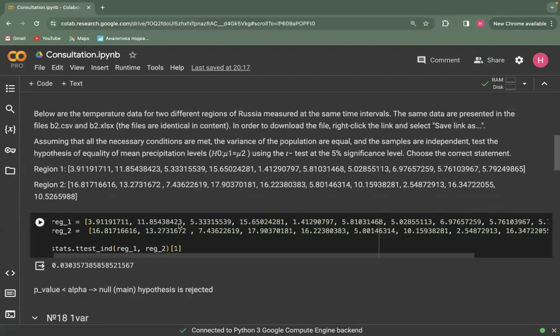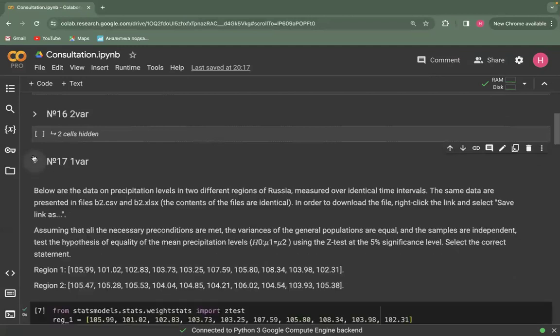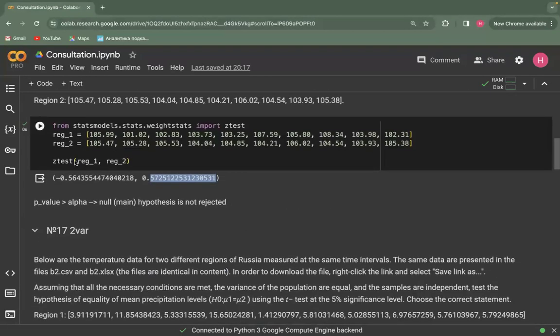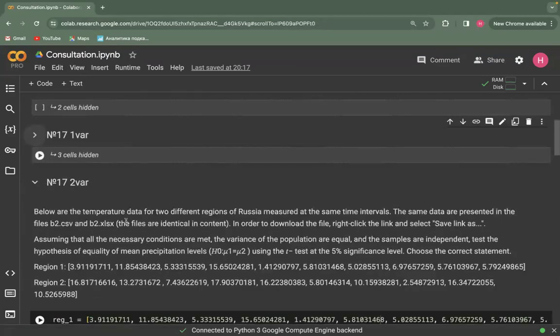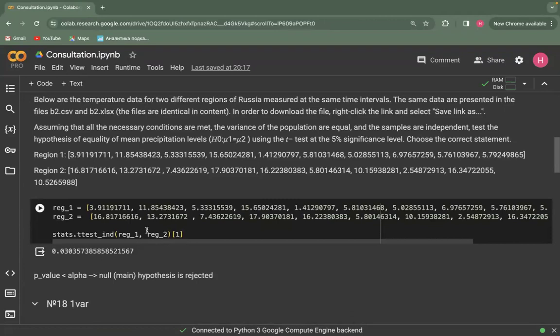Let's look at the second exercise. Here we have the same exercise, but we have to use the t-test with again a 5% significance level. In the Z test, you write region 1, region 2, and in the t-test you do the same. So we just put our arrays here into our test.